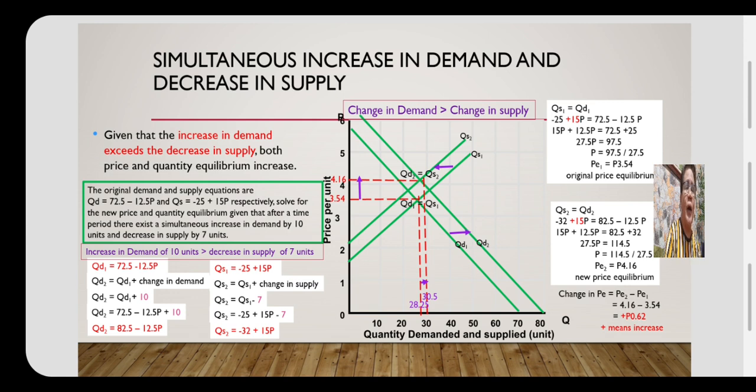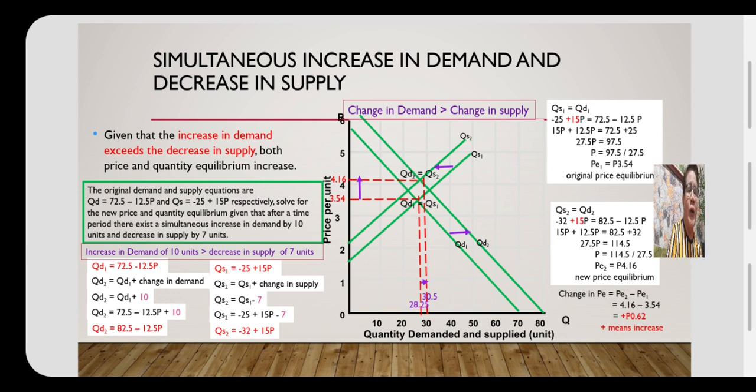And since we already have solved this in the previous slide, which gave us the value of 3.54 as the value of the original price equilibrium, we can now proceed to solving for the new price equilibrium.